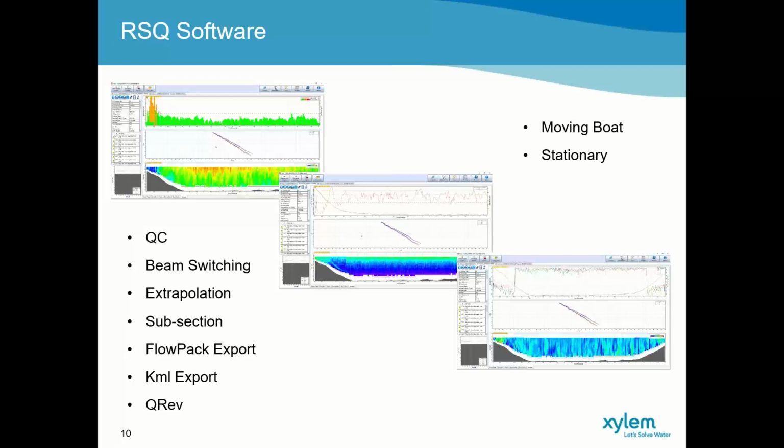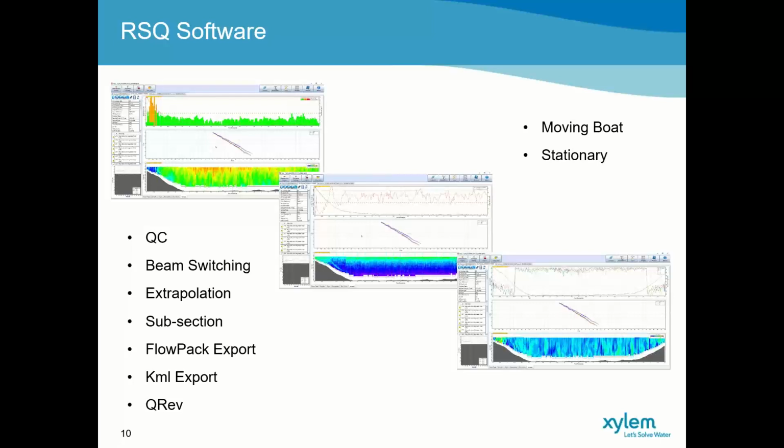Subsection is just subdividing a transect into different components. We have added an export for FlowPack, which is the SonTek index velocity software solution. KML export is a nice feature similar to QREVISE, where you can actually export the track reference to Google Earth.